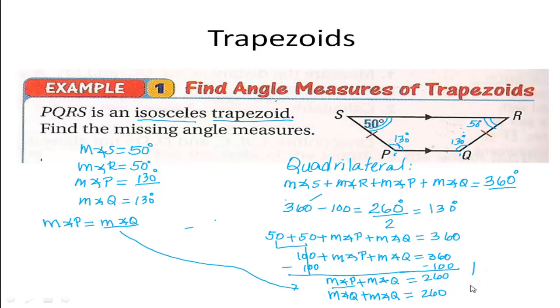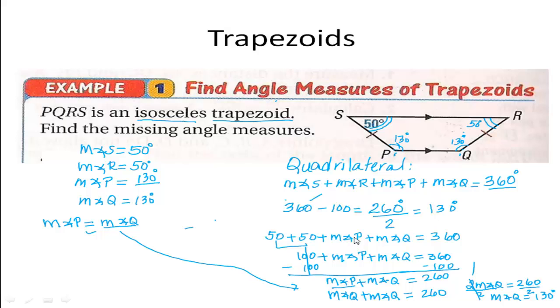I can write that as 2 measures of angle Q equal 260. And then I divide by 2 on both sides. And you get that the measure of angle Q is 130 degrees. So if the measure of angle Q is 130, then this one is also 130 because they are equal.